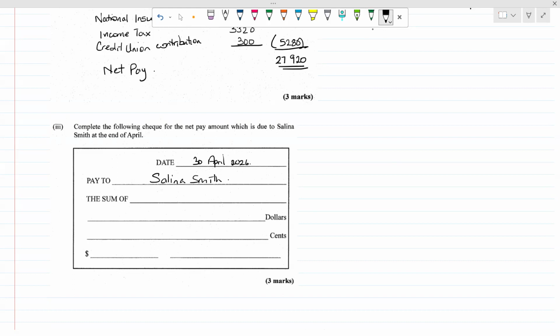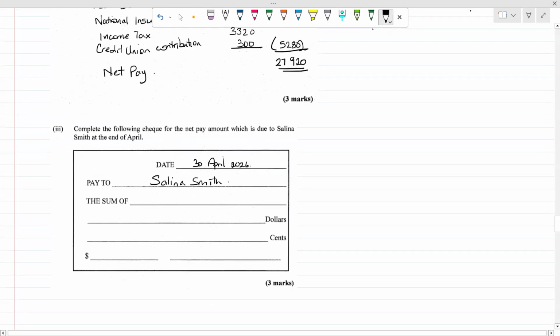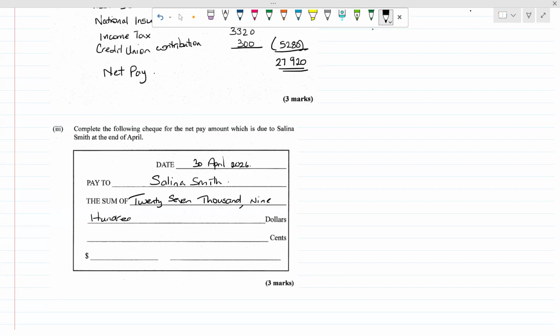The sum of $27,900 and $20, no cents. 27,920.